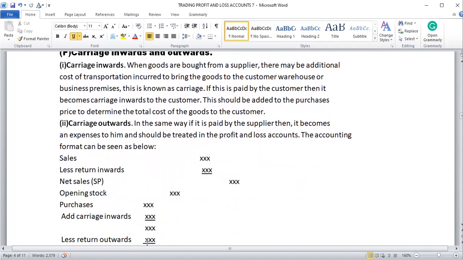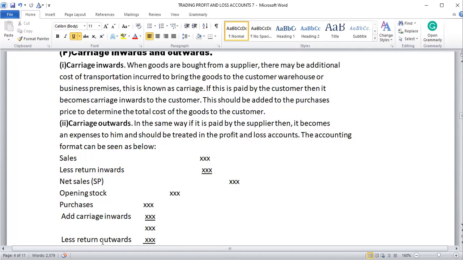Let us look at when we add the carriage. So we have our sales, less returns inwards, which is this figure. Then we have our net sales. Our opening stock this year. We have our purchases. We add any carriage inwards, which is what the owner pays for transportation. We have our total purchases.